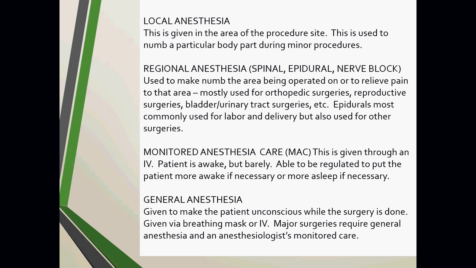It's minor anesthesia for a minor procedure. Regional blocks a whole area, and it can be spinal, for planned procedures, labor and delivery, and orthopedic surgeries. Nerve block is for pain relief and for after surgeries are done.